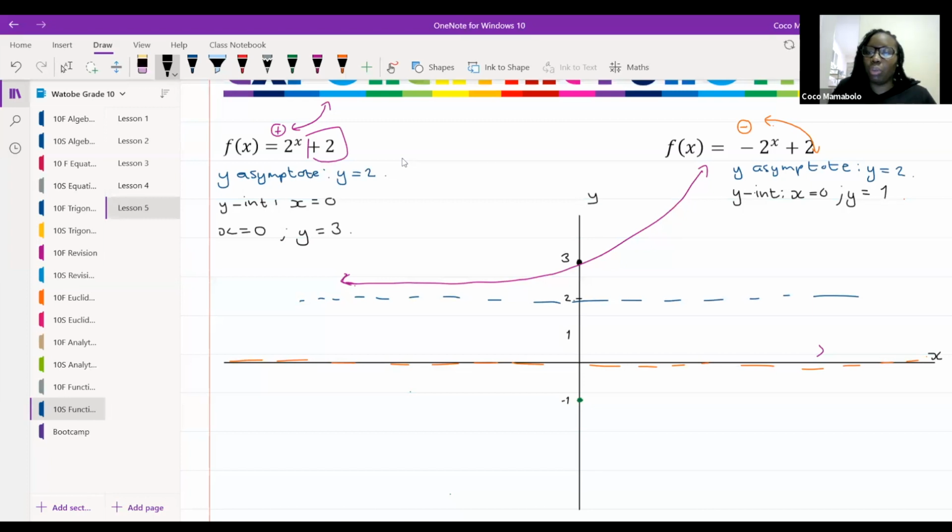Y will equal 1. So my graph will cross there. Now, I want to show you guys something. If I draw my graph going in this direction, what do we notice? What do we call this thing? Who's got a name for it for me?